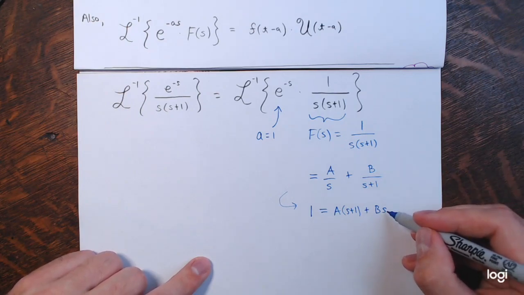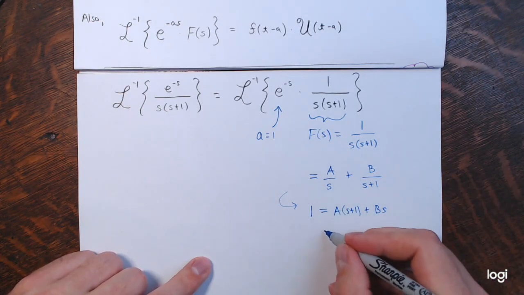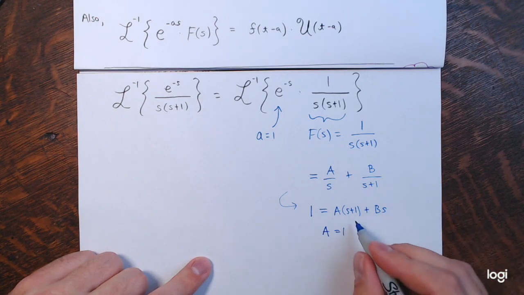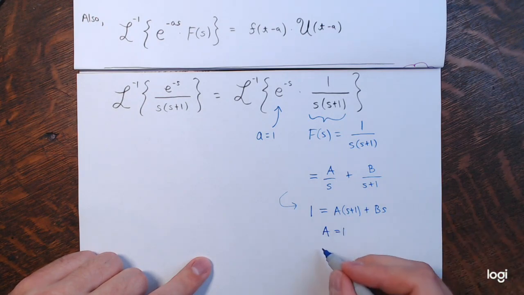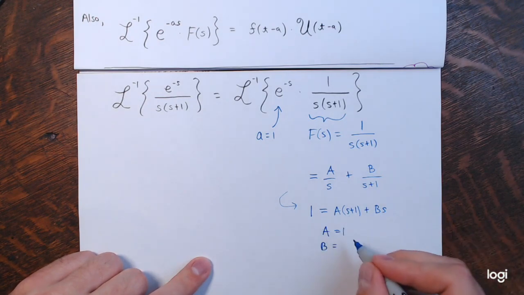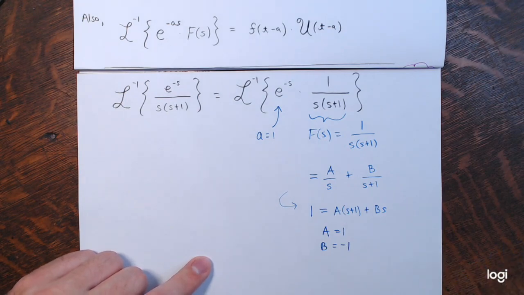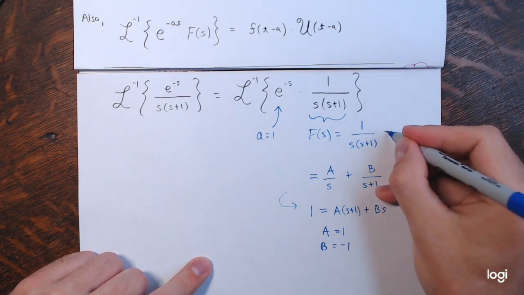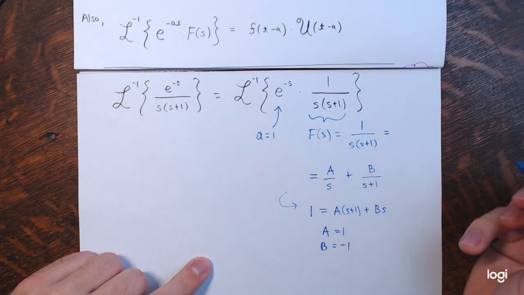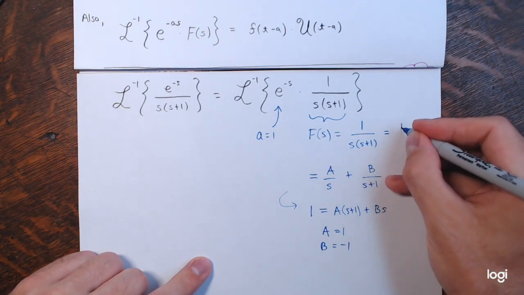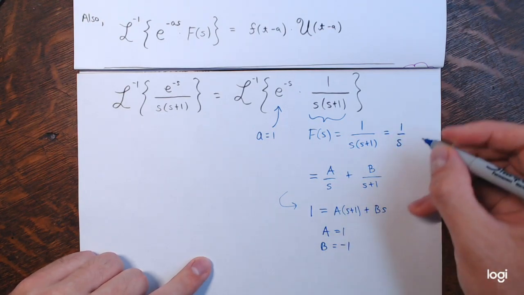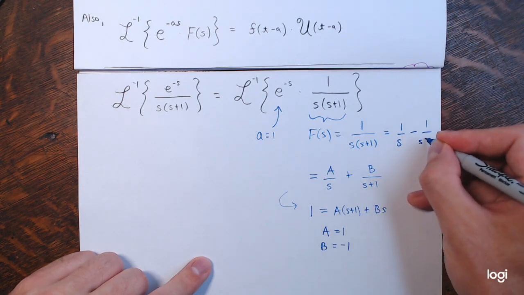And if s were 0, you'd see that a was equal to 1. And if s were negative 1, you'd see that b would have to be negative 1 as well. All right. So this 1 over s times s plus 1 is 1 over s minus 1 over s plus 1.